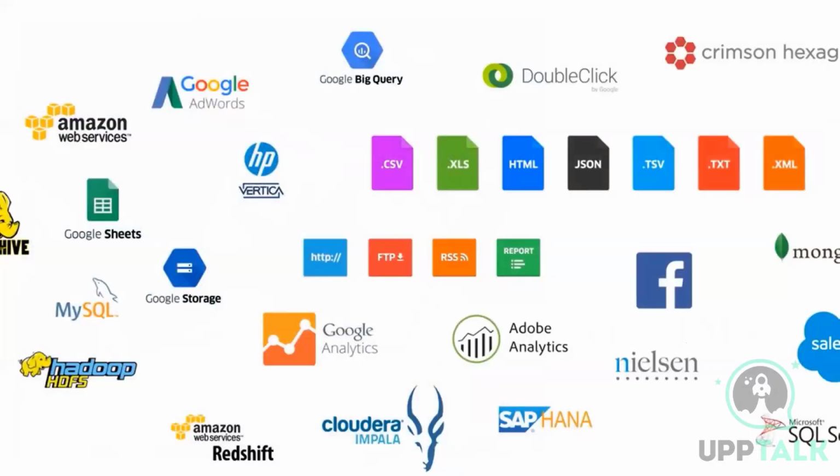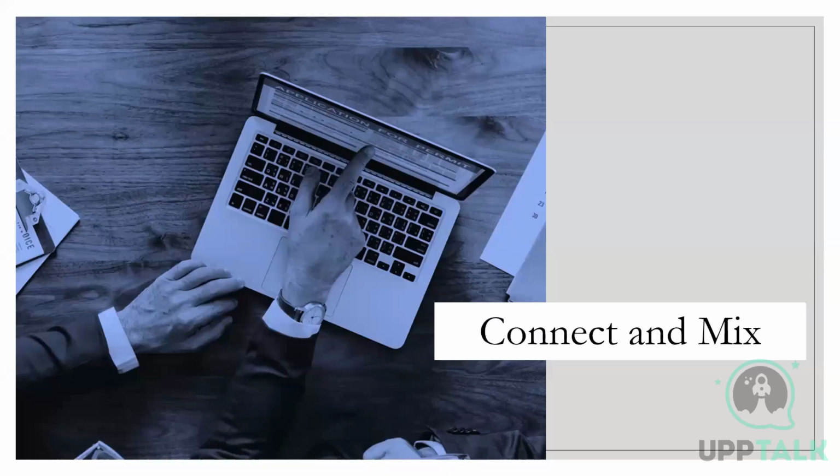We are here. So connect and mix is the first tab that we are talking about. Connect and mix helps you connect your data, and all the questions that we have taken start from connect and mix. The connect and mix tab will help you integrate all your data, your Excel files, get your data from FTPs and SFTPs and schedule them, get your email level data, and your external and internal data in the form of APIs.